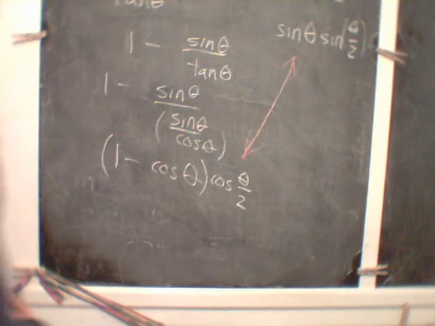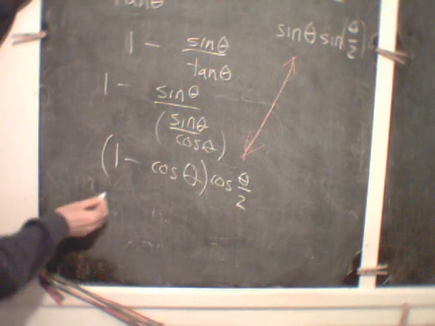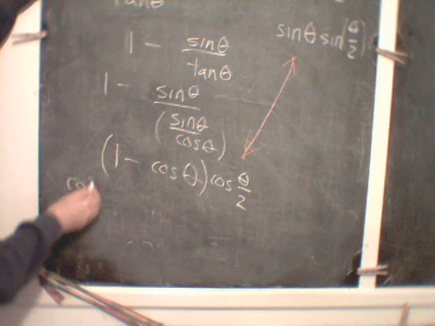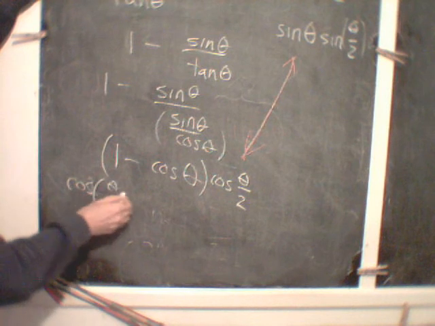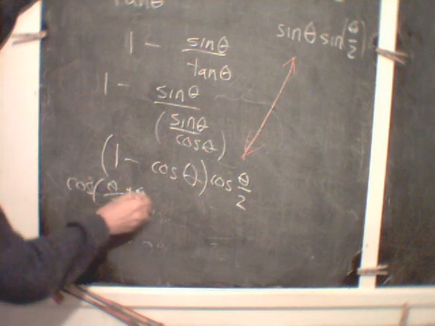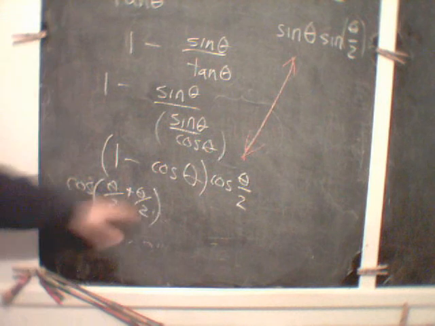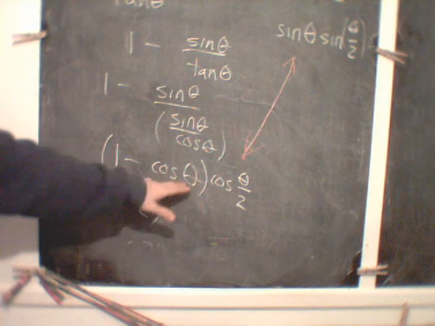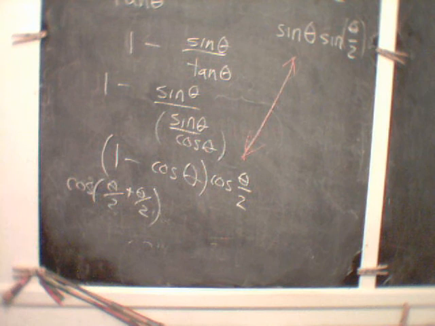I haven't worked this problem, but I do know that I want to make this into cosine of theta over 2 plus theta over 2. Split the theta into two parts, and then use this formula, and that'll be a cosine squared minus a sine squared. That's where we're headed anyway.